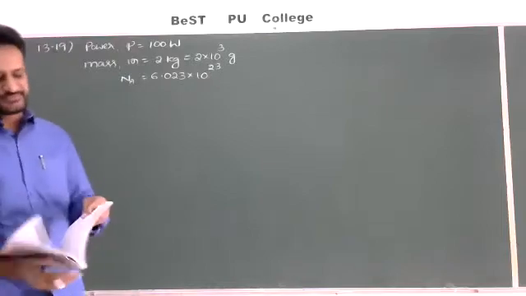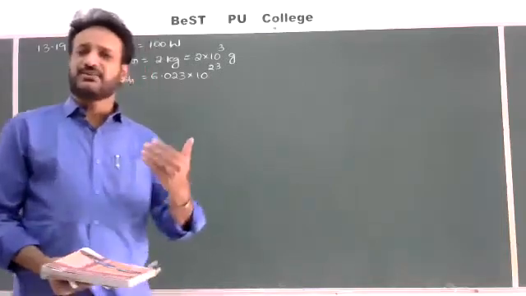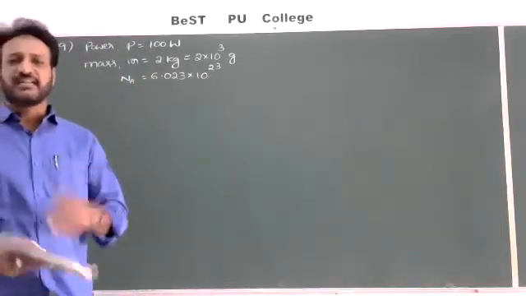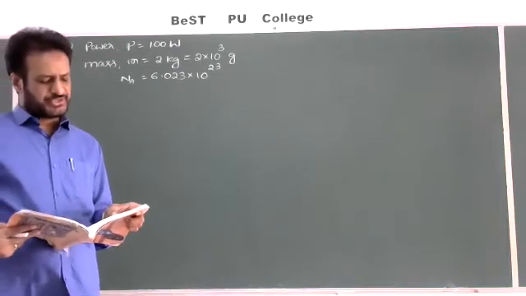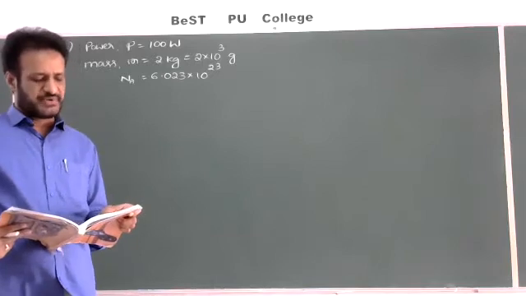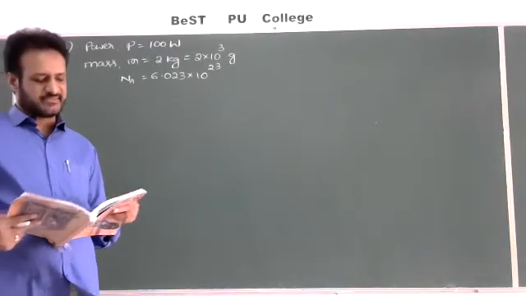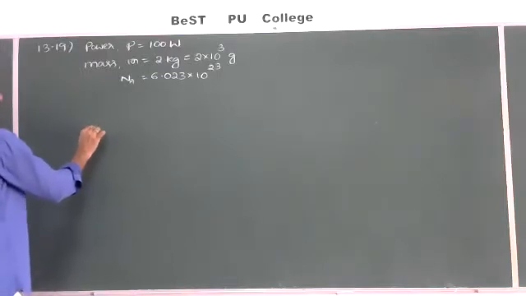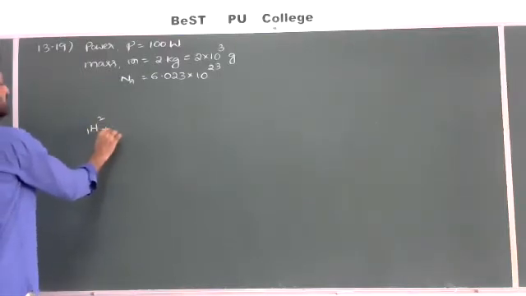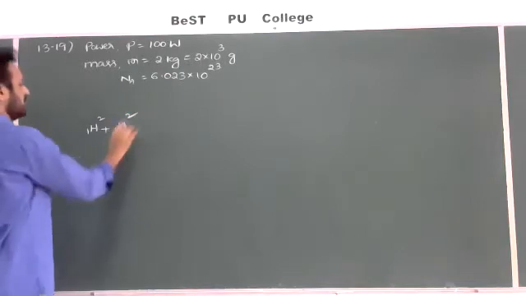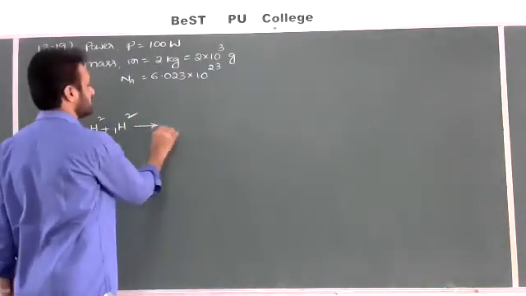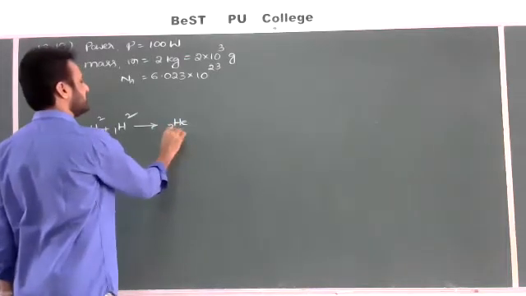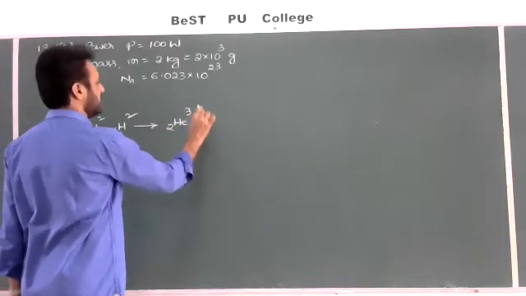And how did we get the energy for the bulb? By fusion reaction, fusion of the deuterium. They have given 1H2 plus 1H2 combining to form one helium nucleus. I'll write the equation here: 1H2 plus 1H2, total 2 deuterium atoms combine to form one helium isotope 2He3, plus we have to balance.